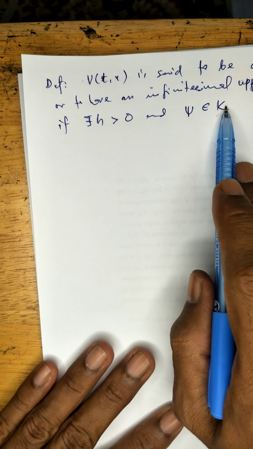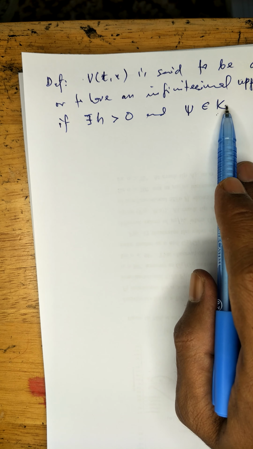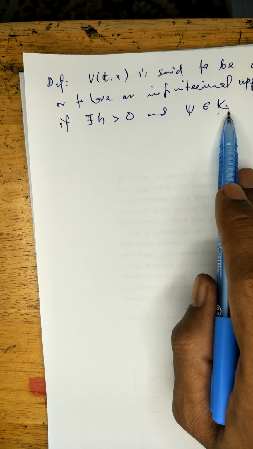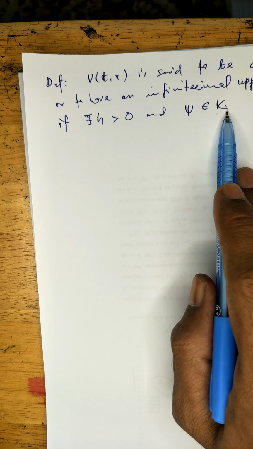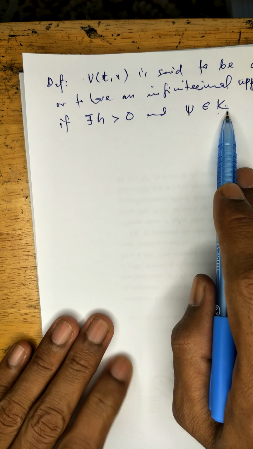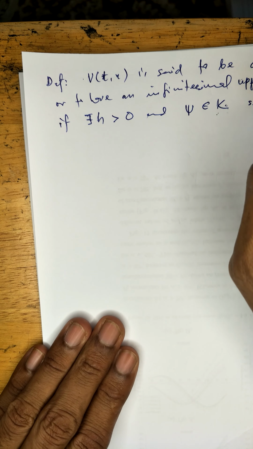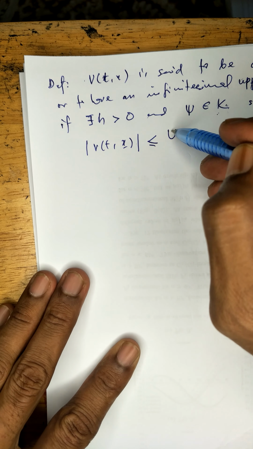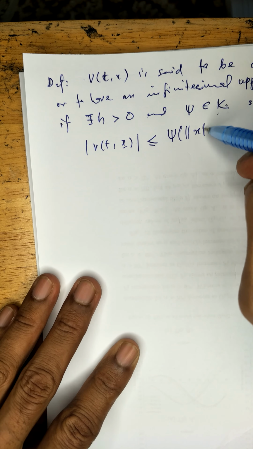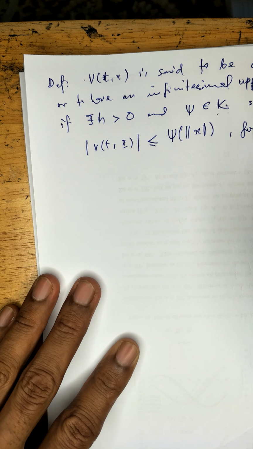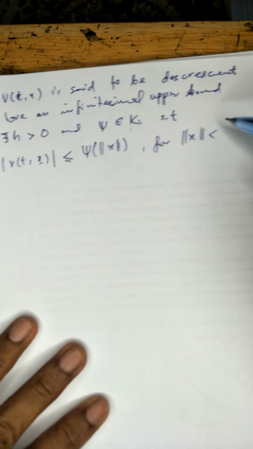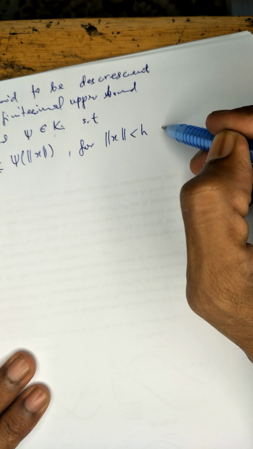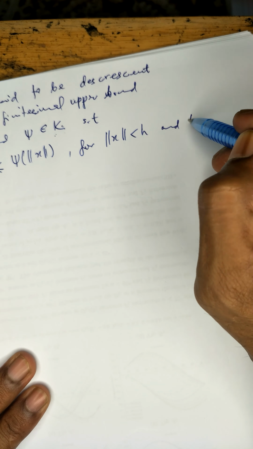A class K consists of functions that are continuous and steadily increasing, with the property that at the critical point it is 0, such that the magnitude of V(t, x) is less than or equal to phi of the norm of x, for norm of x less than h and t greater than t naught.